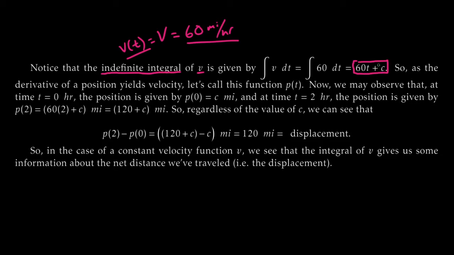Now, think about this. The derivative, as we've learned before, of a position yields velocity. So this is the position function, up to a constant, that is. That constant plus c right there matters a little bit.